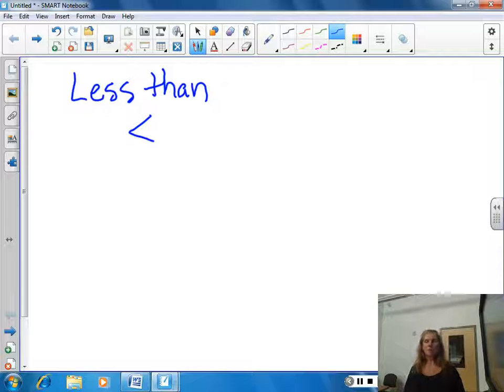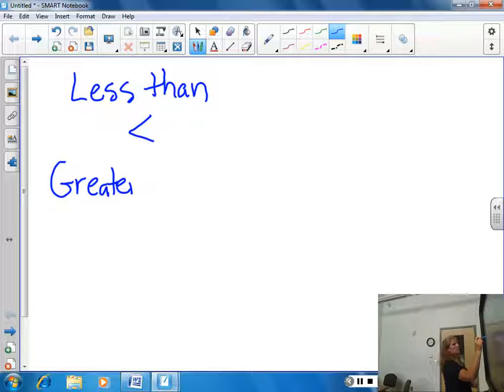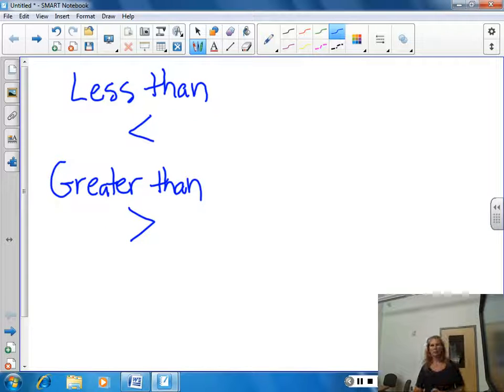If it's an arrow pointing left, that means less than. People get confused which is less, which is greater than. Greater than points to the right. Less than to the left, greater than to the right.